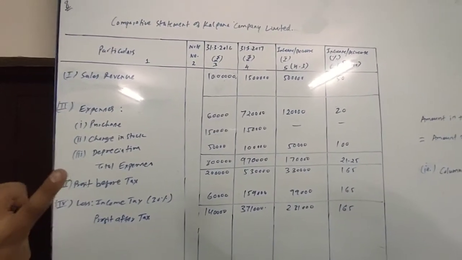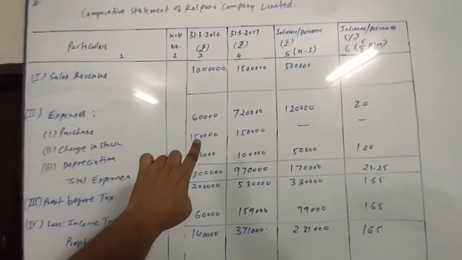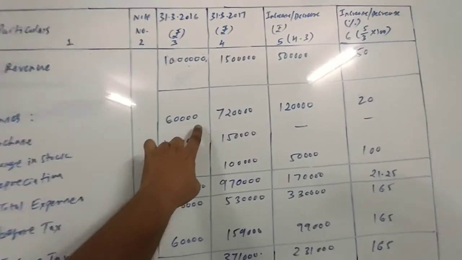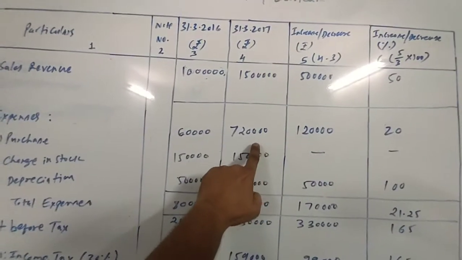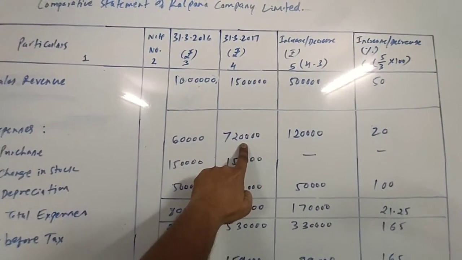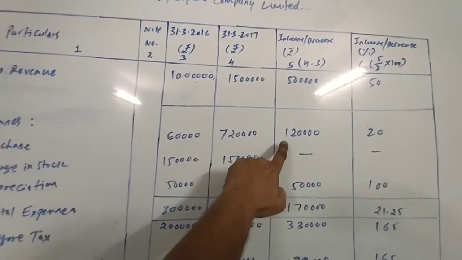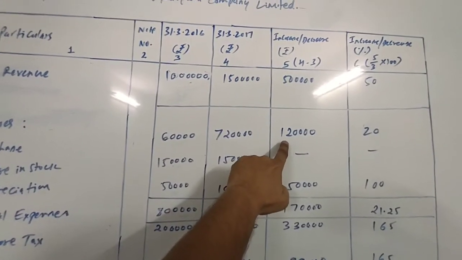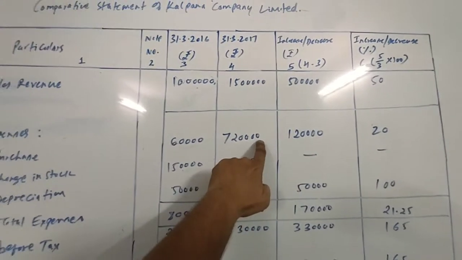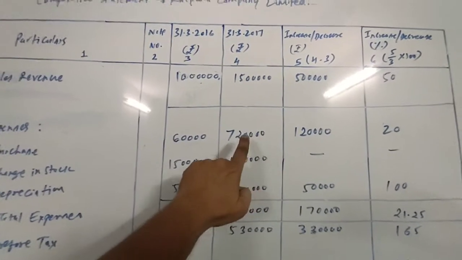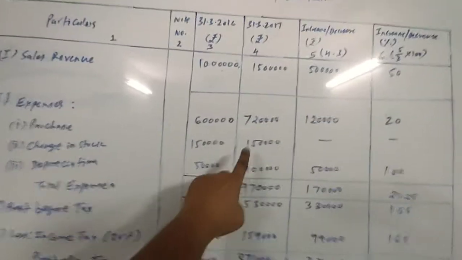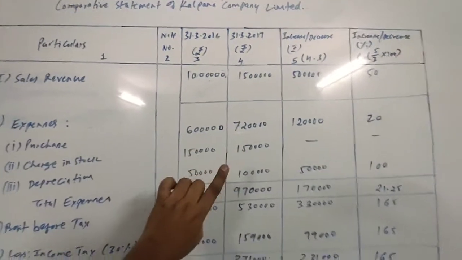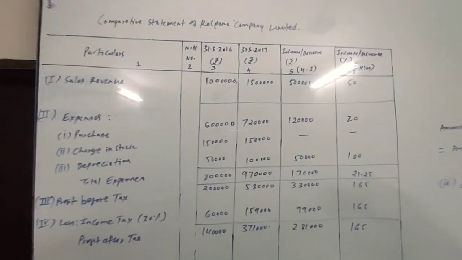The same way, expenses. First expenses, purchase. 7,20,000 is given for the year 2017, and 1,20,000 is the increase. So 7,20,000 minus 1,20,000, 6 lakh, not 60,000. I write it 6 lakh. 6 lakh will be the amount of purchase for the year 2016.